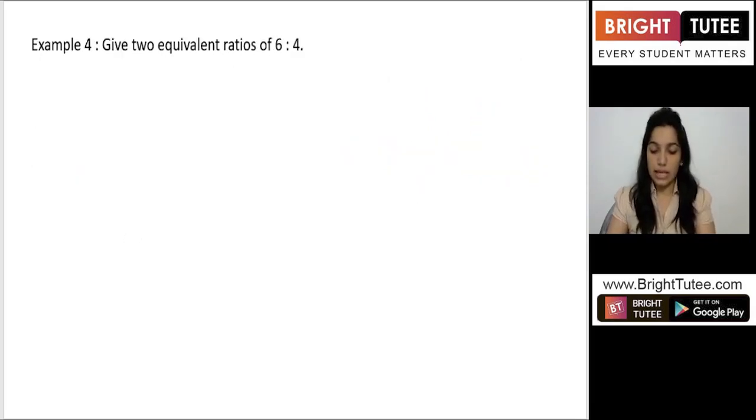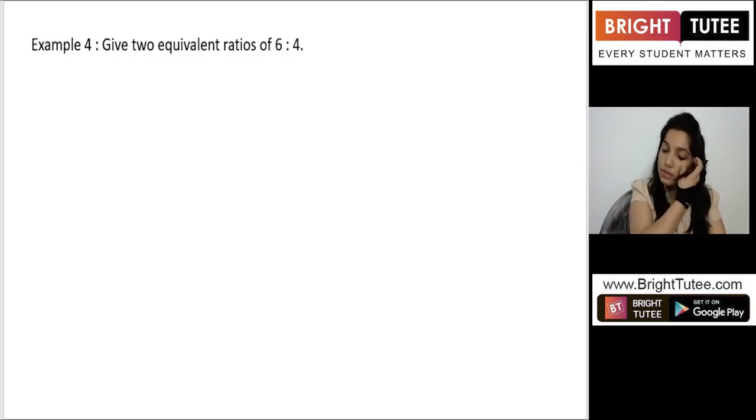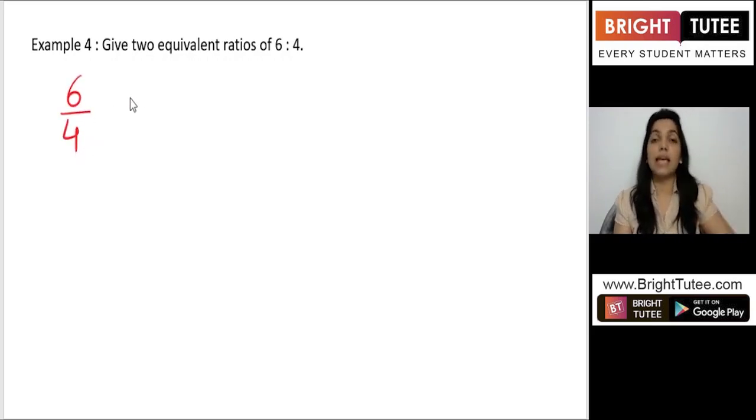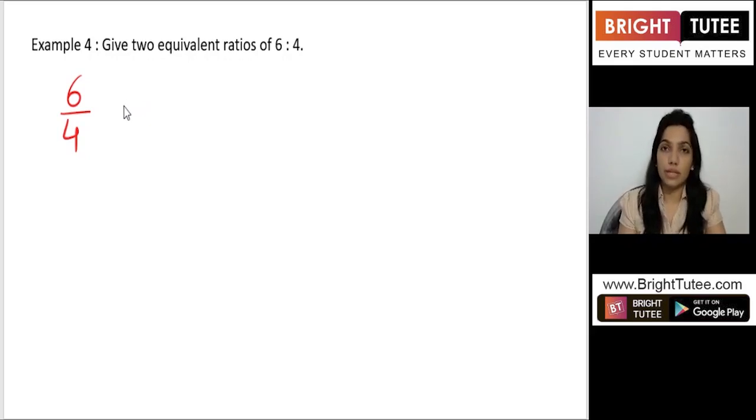It says, give two equivalent ratios to 6/4, or we can read this as 6:4. So we can write 6:4 as 6/4. We can find any number of equivalent fractions either by multiplying or by dividing the numerator and denominator by the same number. So let me multiply both these numbers by 2. 6 times 2 is 12 and 4 times 2 is 8.